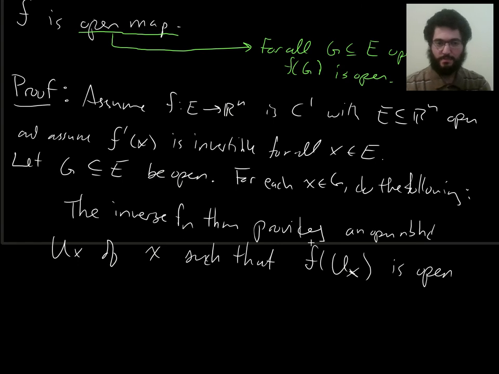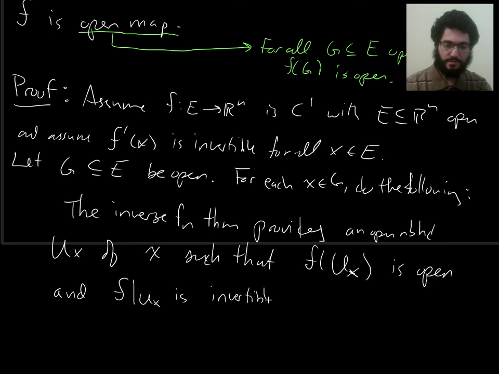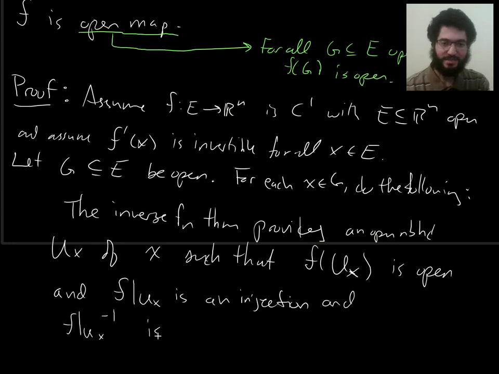So not only is f of u sub x open, but also f restricted to u sub x is an injection, and the inverse of f restricted to u sub x is a C1 function.